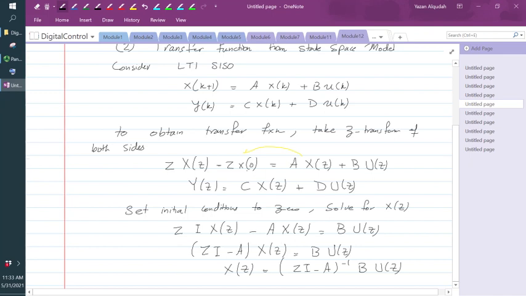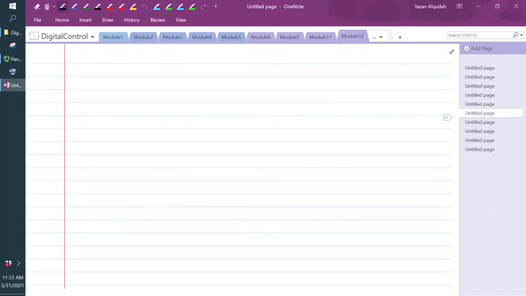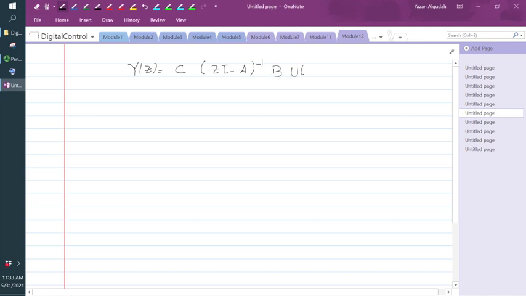Okay, now we can eliminate x of z, or we can substitute for x of z in the output equation. So y of z is equal to c multiplied by x of z, but if we substitute for the value of x of z, z multiplied by I minus a inverse multiplied by b multiplied by u of z, plus d multiplied by u of z.